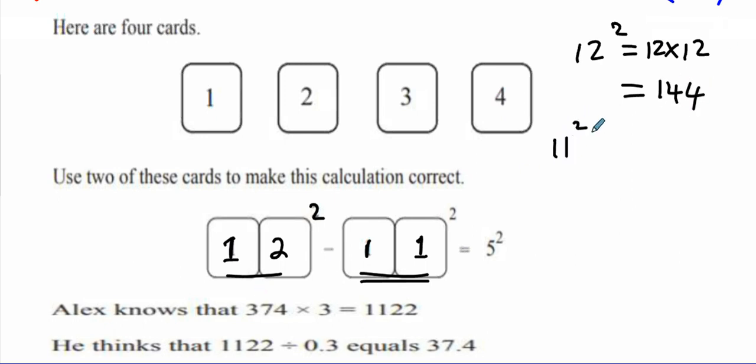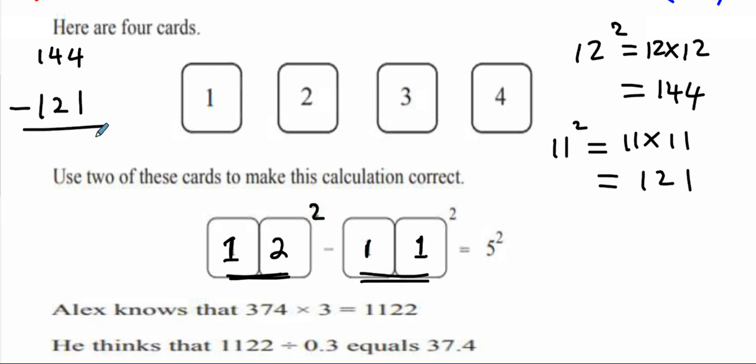How about 11 squared? This is 11 times 11, and this equals 121. Now question, is 12 squared, which is 144, minus 11 squared, which is 121, going to give you the answer 25? Let us see.